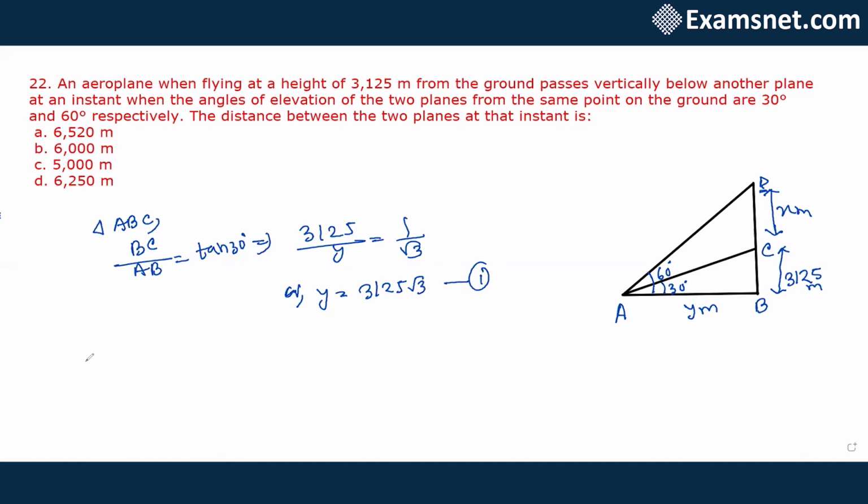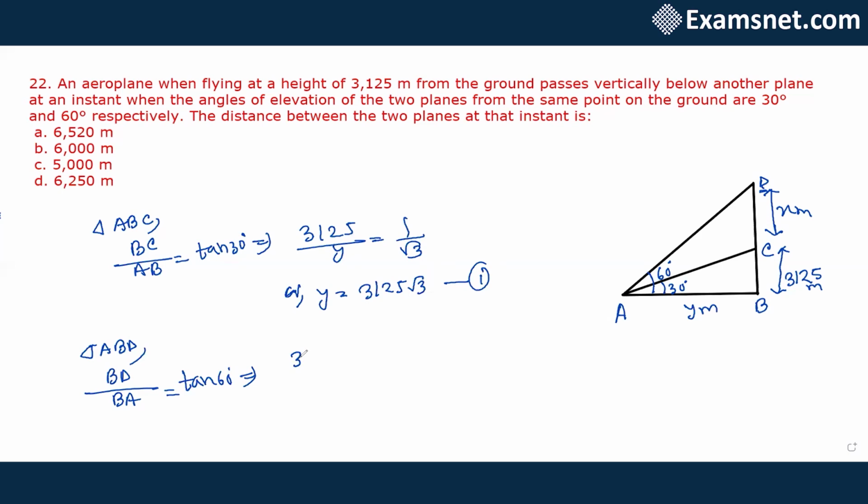Now, next, we will consider the triangle ABD. So here BD by BA equals tan 60°. Now BD can be written as BC plus CD.